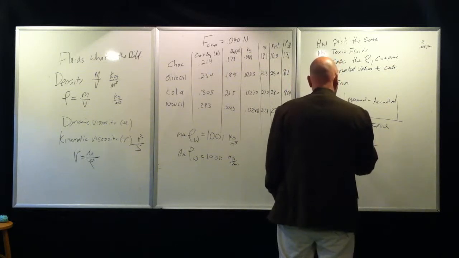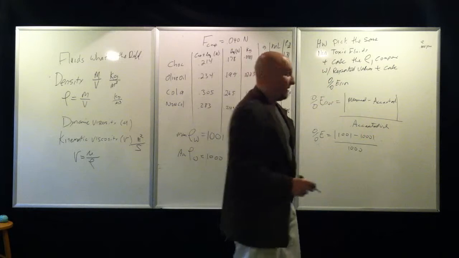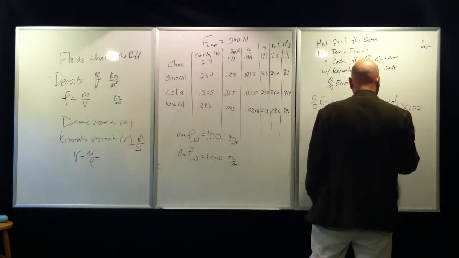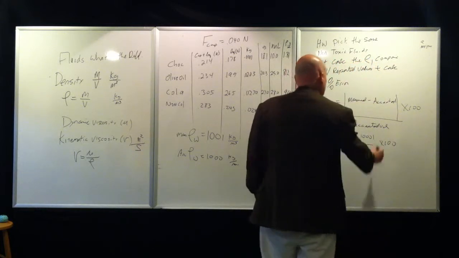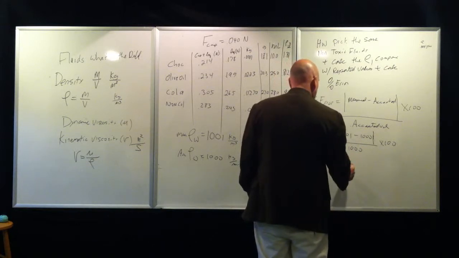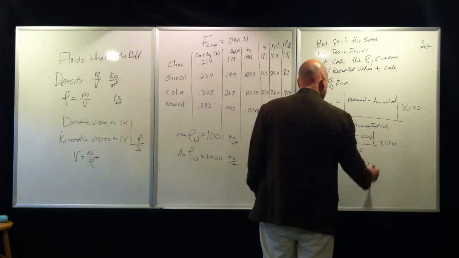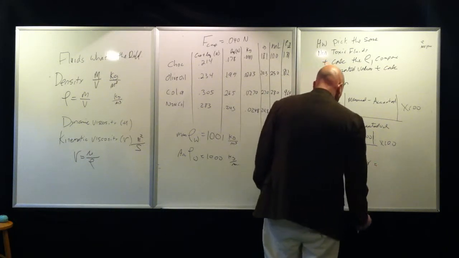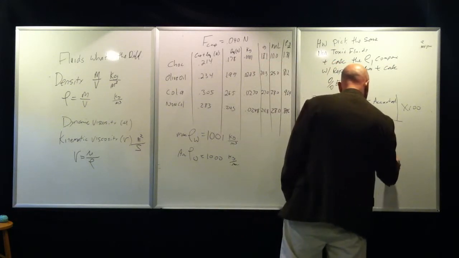And then again, I need to divide by the 1000. Additionally, to make this a percentage, I need to multiply it by 100. Which results in absolute value of 1 over 1000 times by 100. Which gives me a 0.1% error.